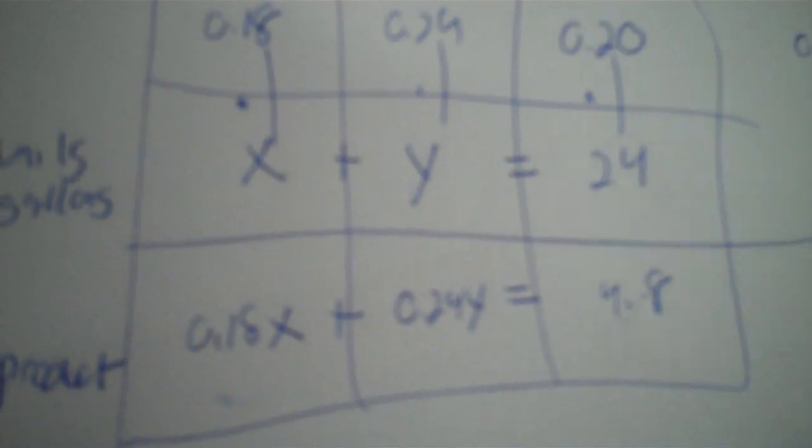Okay, so I have my equations. x plus y equals 24, then 18% x plus 24% y equals 4.8. Again, this equation represents the overall number of gallons. This one represents the number of gallons that are the butter fat.